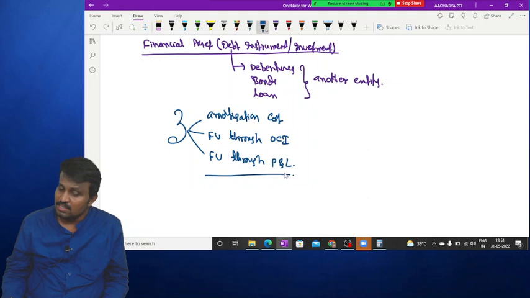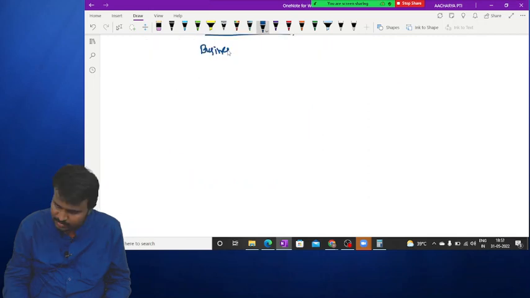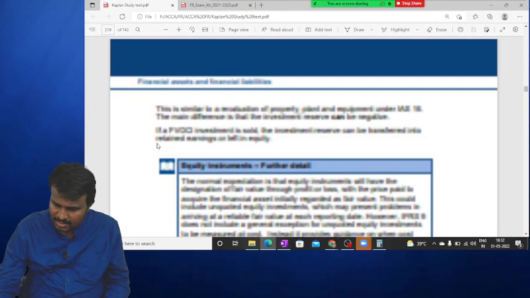The first one is the business model test, and another one is the contractual cash flow characteristics test.